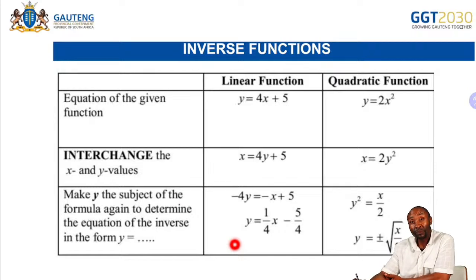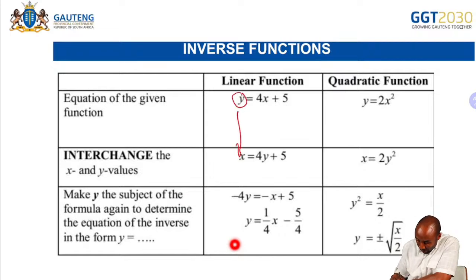For example, if you are given y is equal to 4x plus 5, for us to get the inverse function, we interchange x and y. We had y here, now we have x. We had x here, now we have y. We have interchanged.